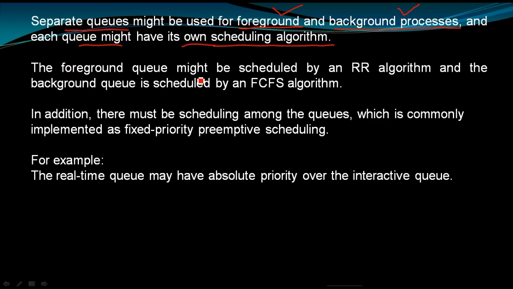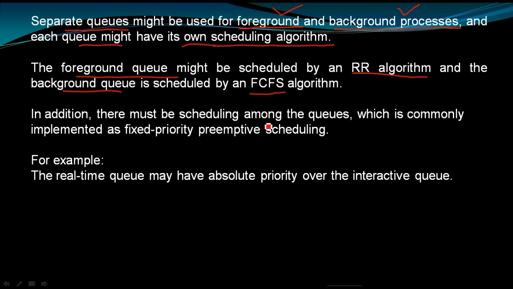The foreground queue might be scheduled by the round robin algorithm, and for the background queue we use the FCFS, first come first serve, scheduling algorithm.